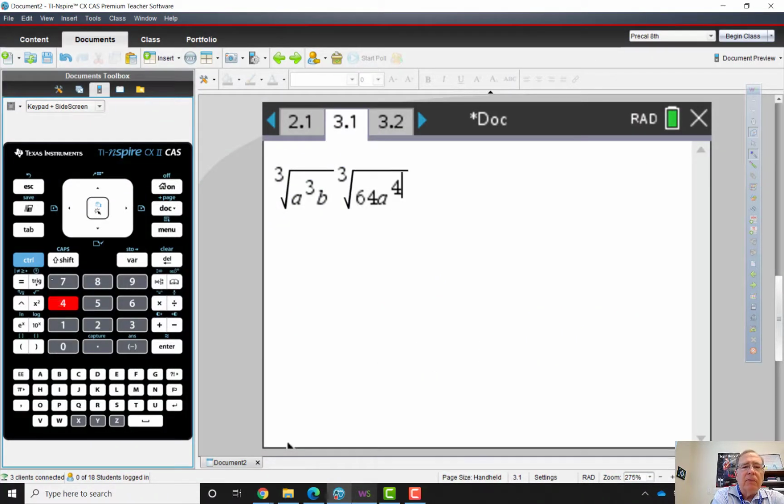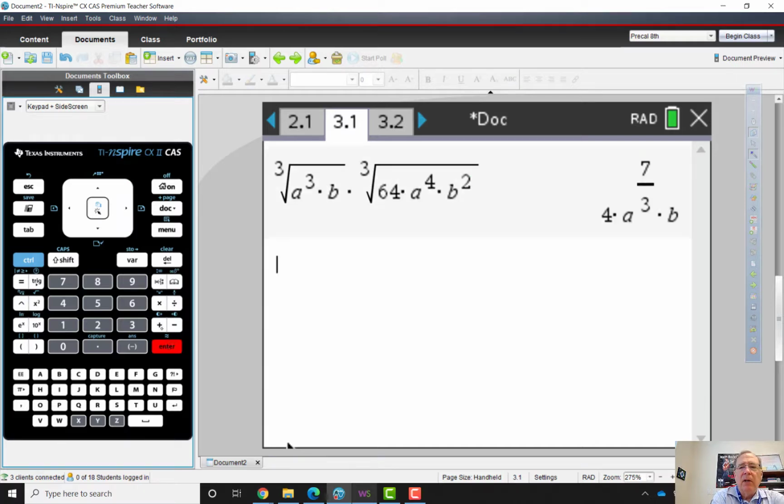So a to the 4th, break out of the exponent, b squared. And they come up with the answer that I prefer.